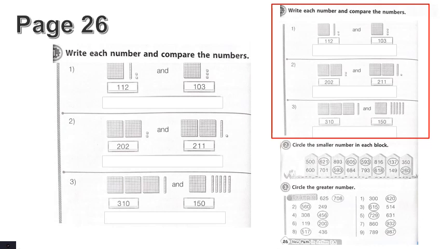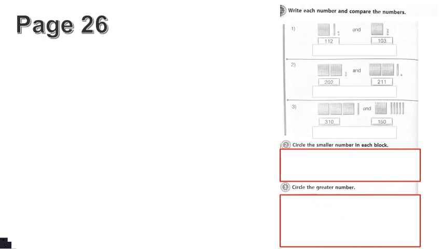You can write it as 112 is greater than 103, or it's also accepted if you write 103 is smaller than 112. Both are correct. Page 26, numbers 2 and number 3.